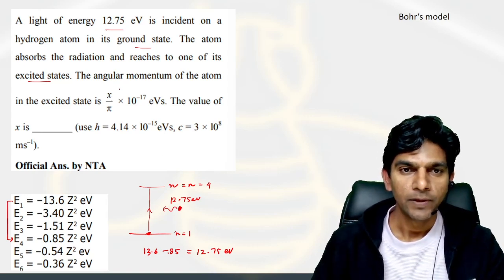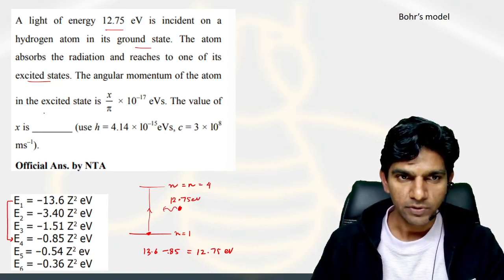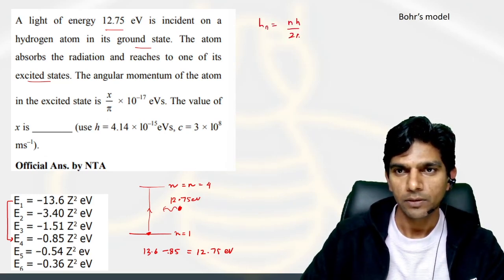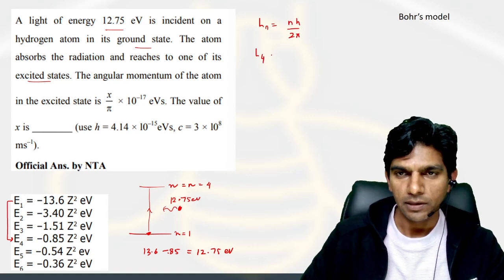level will be 4. The angular momentum of the atom in the excited state is, so we know that angular momentum is given as nh upon 2 pi. So for fourth level, it will be 4h upon 2 pi.